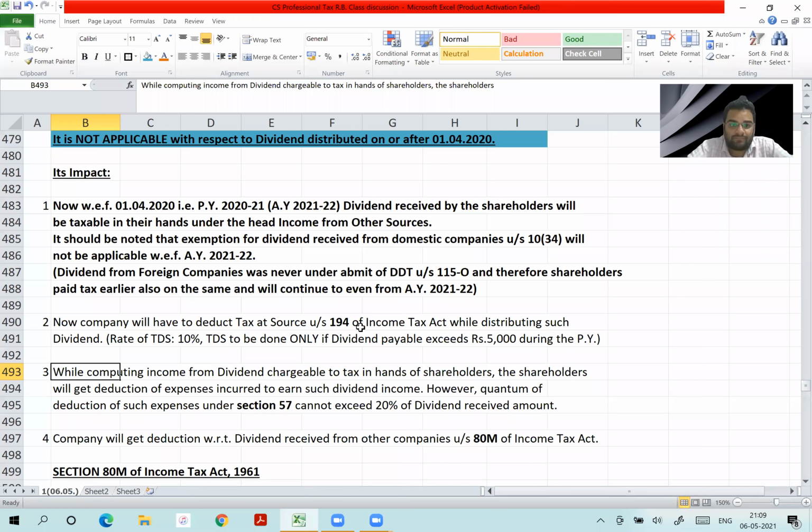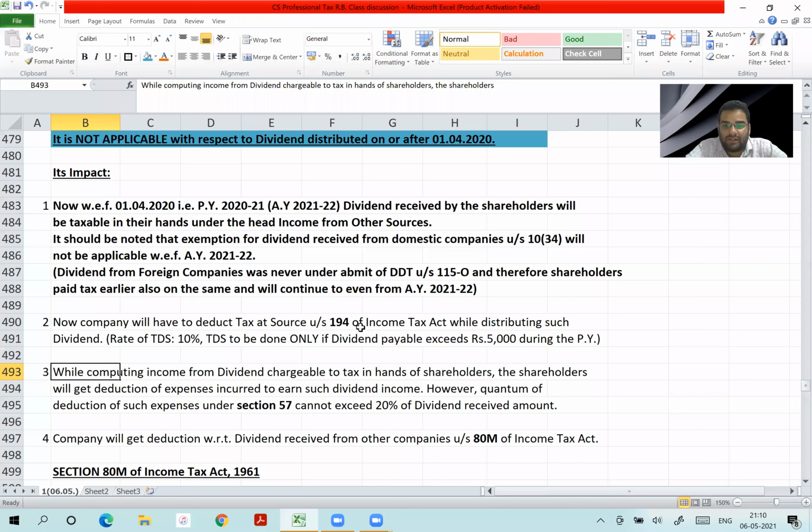Third point, while computing income from dividend chargeable to tax in the hands of shareholders, shareholders will get deduction of expenses incurred to earn such income. Meaning to say, if I have earned dividend of 10,000 rupees in total, but there are some expenses of 200 rupees to earn this dividend, then how much of that dividend will be charged to tax? 9,800.